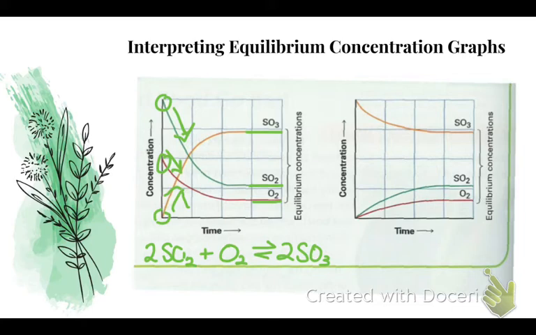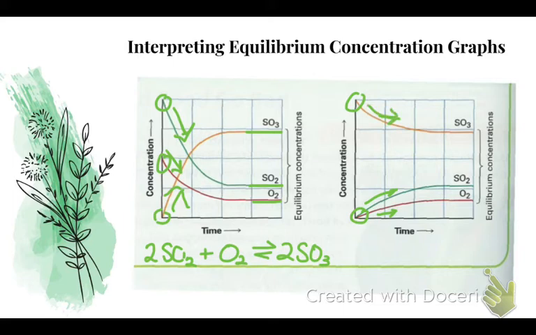The same thing's occurring if I look at the reverse reaction. If I start with the reverse reaction, SO2 and O2 are not formed yet, but they will increase till they reach equilibrium. SO3 is my reactant in the reverse, and it will start to decrease as products start forming.